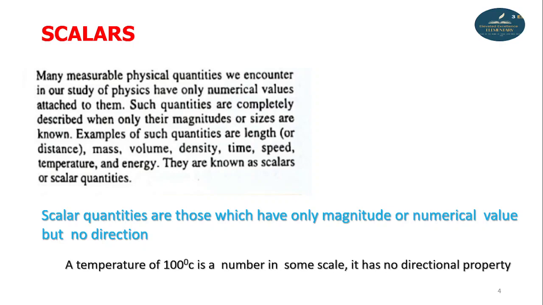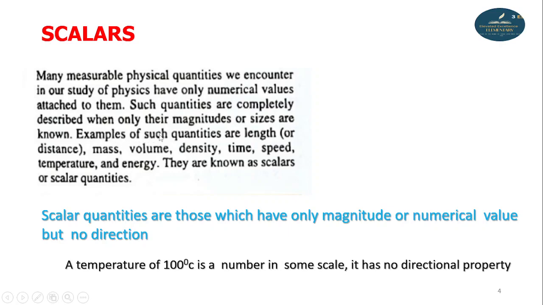That indicates that it's a scalar quantity. The opposite of scalar quantity is the vector quantity, and we'll get to that very soon. Examples of scalar quantities are length, mass, volume, density, time, speed, temperature, and energy.